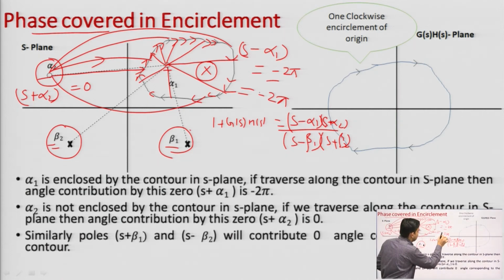So instead of minus 2 pi we will get plus 2 pi angle contribution. Always remember, whenever we move clockwise around a zero, the total contribution is minus 2 pi, and when we move anti-clockwise around a zero, the total contribution is plus 2 pi. This is the concept of phase cover of encirclement.